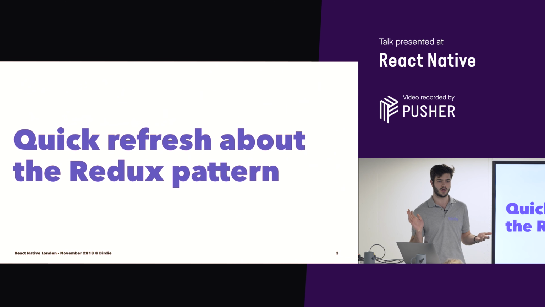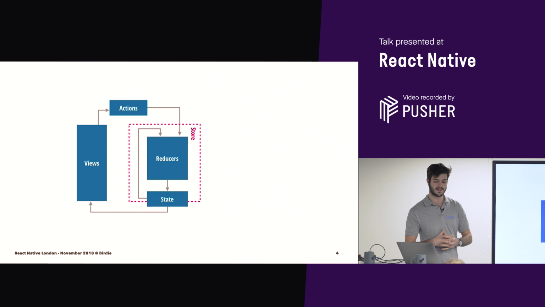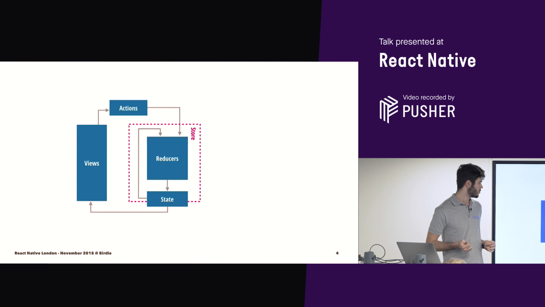Okay, so just a quick refresher for those who maybe haven't worked yet with Redux or haven't worked on it in a long time. Let's review very quickly how the Redux pattern works with React. So it has, let's say, 4 or 5 different components. You have, of course, views, which are your React components, which we've all been using, so it's exactly the same for React Native.